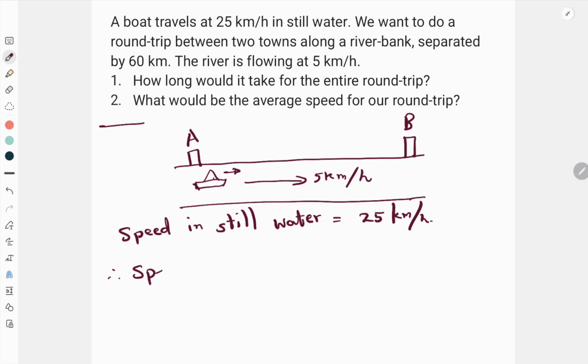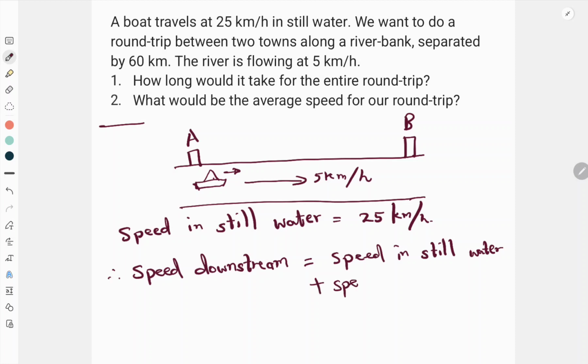So speed downstream would be equal to the speed in still water plus speed of water, because the water is pushing the boat, and the boat has its own speed relative to still water.